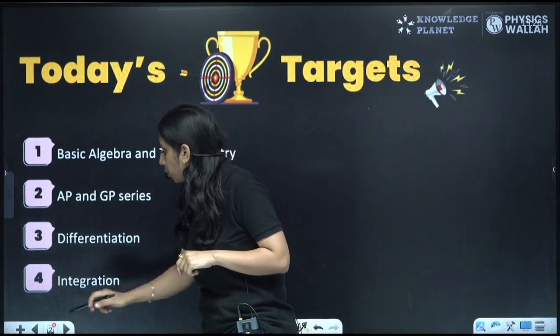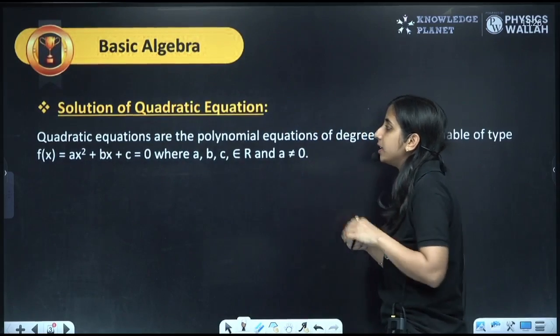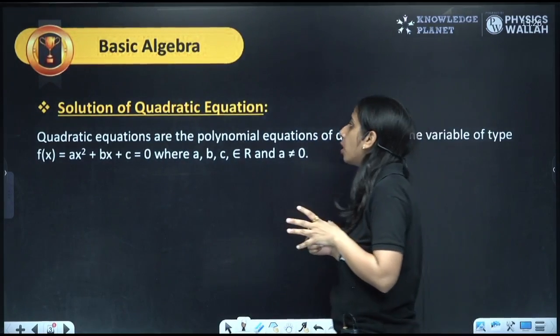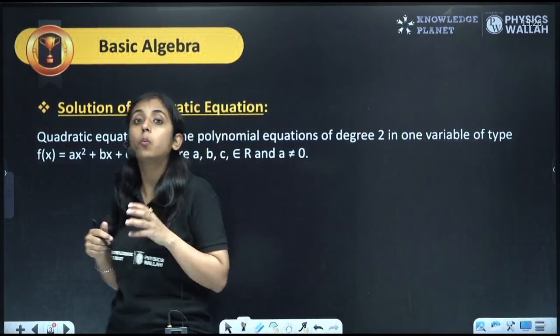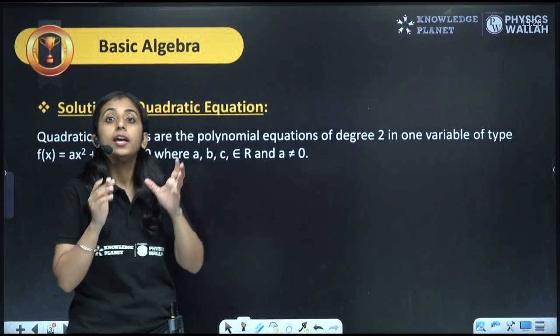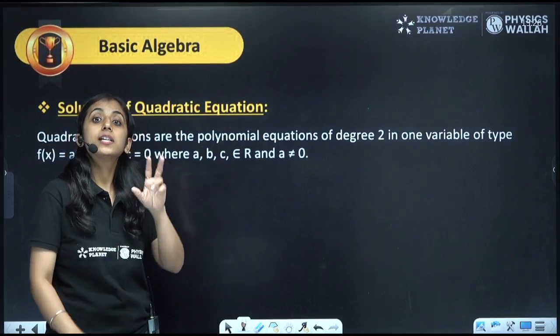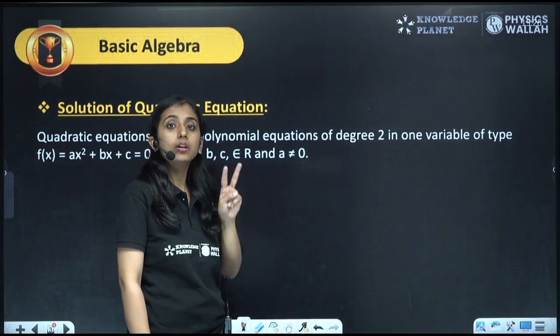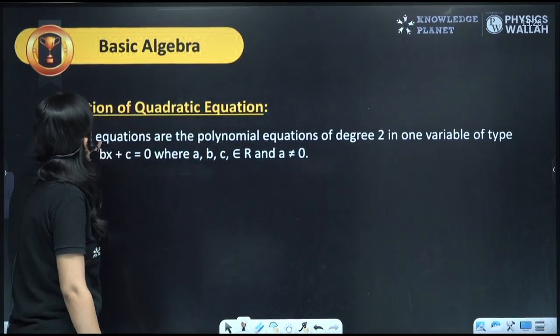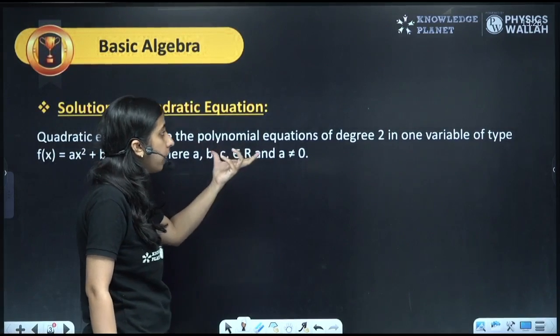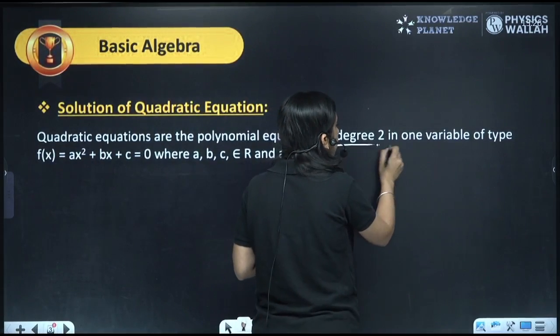Okay, so let's start with basic algebra, that is solutions of quadratic equation. Now what is a quadratic equation? Any equation in which the highest power of x is 2, that is called a quadratic equation. So quadratic equations are the polynomial equations of degree 2.